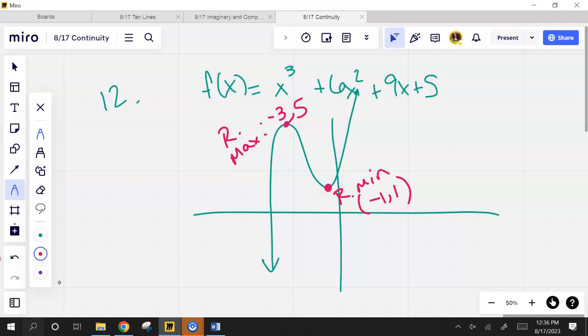That's all you had to do for that problem. That's it. You're done. It's not that hard, right? I mean, y'all are doing way too much. If you want to put it in your calculator and then hit second trace and calculate the max and mins, you can.